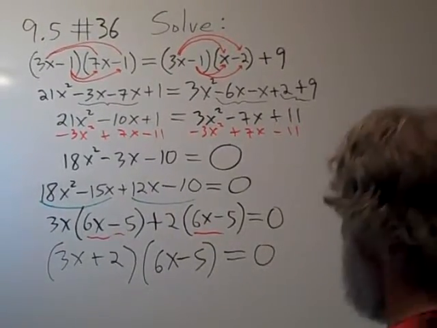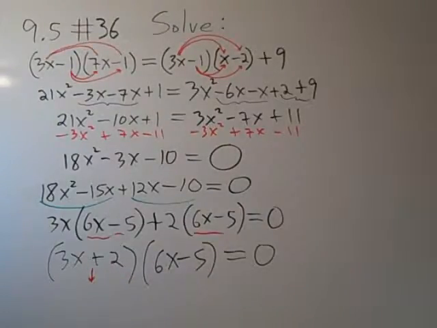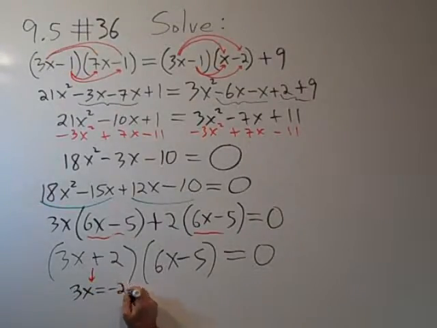Each of these factors gives us one solution. 3x plus 2 is equal to 0 precisely when 3x is equal to negative 2, because then they'll add up to 0. So that's when x is equal to negative 2/3.